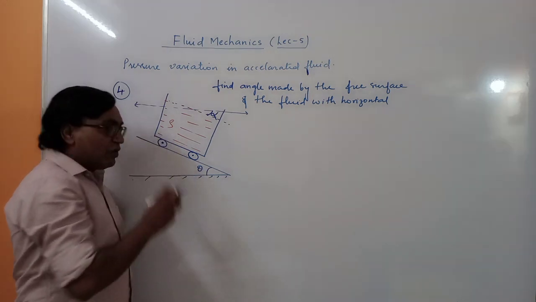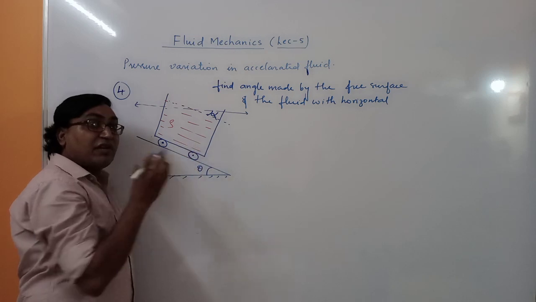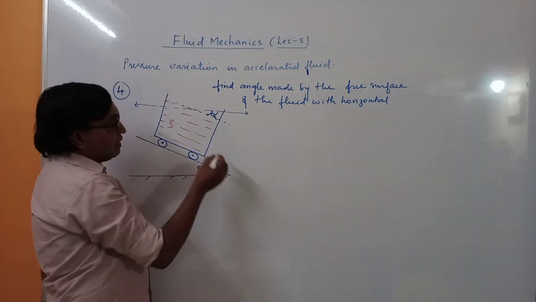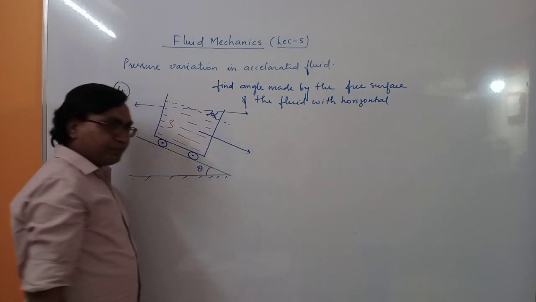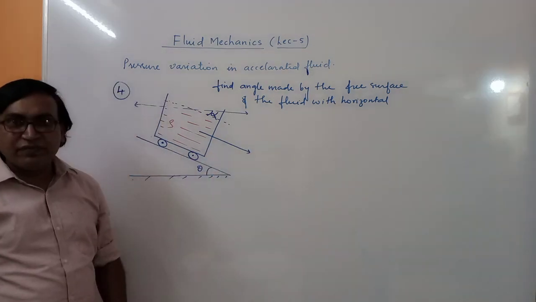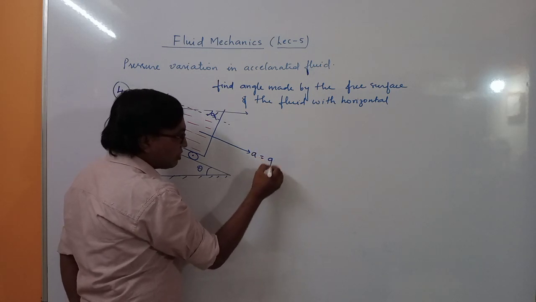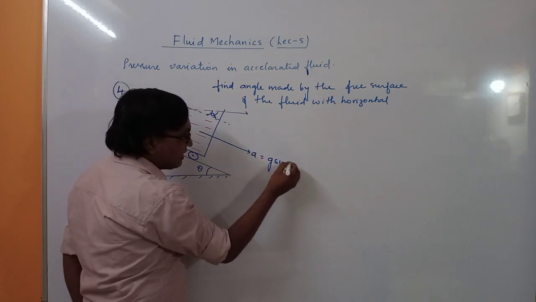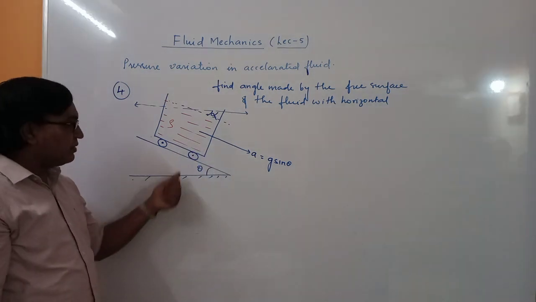So now first of all, this container is under the effect of gravity. So the acceleration of this container must be along the plane. So this should be the acceleration of the container. And let us say that acceleration is a, and that is also equal to g sine theta. The acceleration is g sine theta, right?